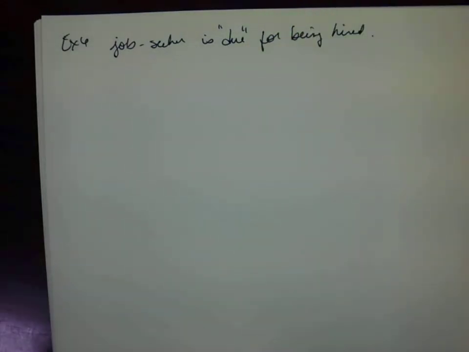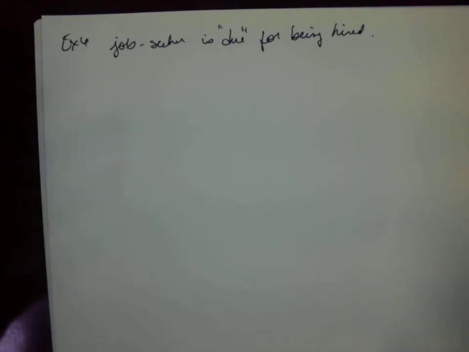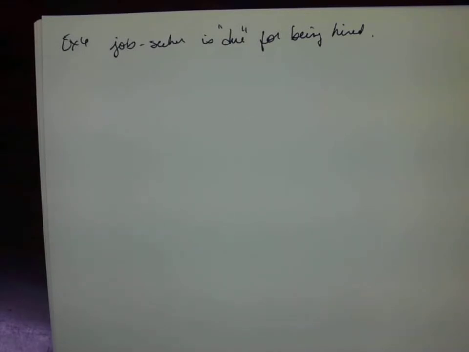So if being hired for jobs happens randomly, then the statement is not true. But if being hired for jobs depends on the resume submissions, it may be a true statement.